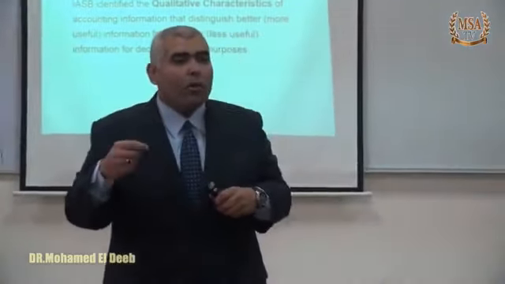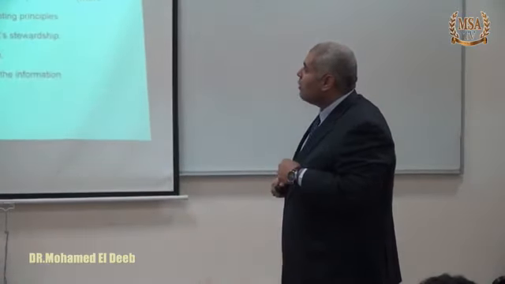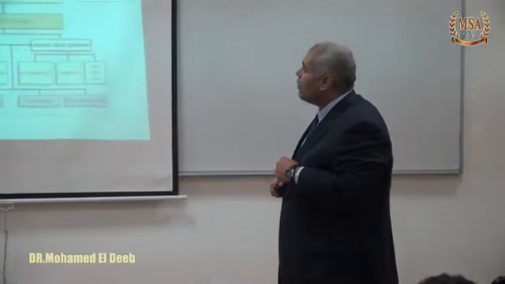Which means we are trying to distinguish between the more useful information and the inferior information, more useful and less useful. When we are talking about that, we have to take into consideration that in order to provide information for the capital provider, we have a main constraint, which is the cost of the information to be provided.